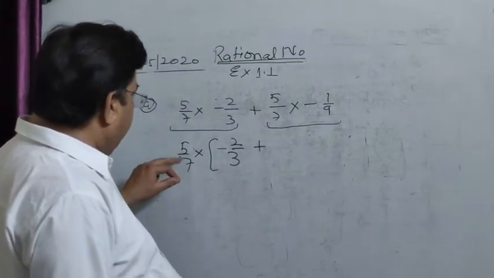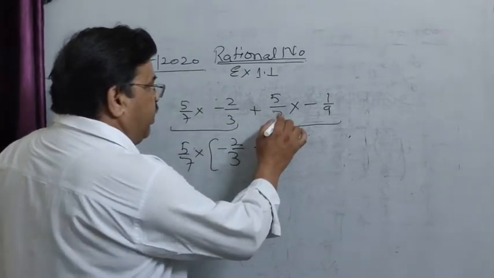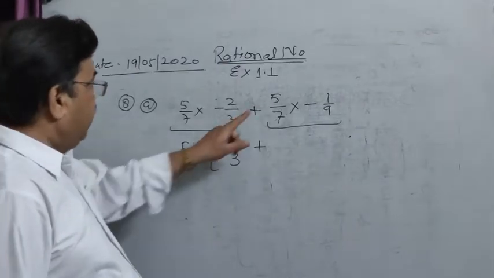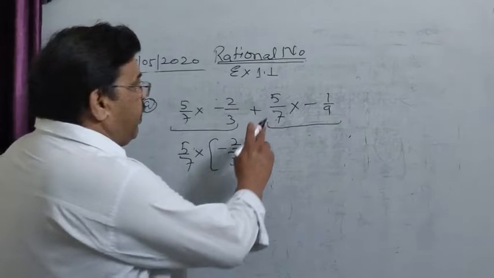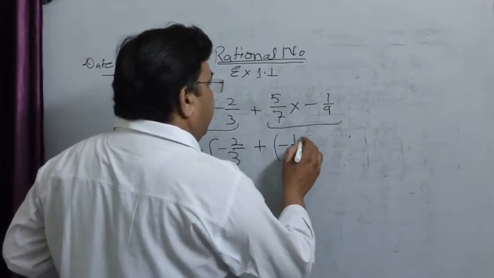Similarly, this 5 by 7 is cancelled by this 5 by 7, and these numbers are the same, so you will get 1, and 1 multiplied by minus 1 by 9, you will get minus 1 by 9.